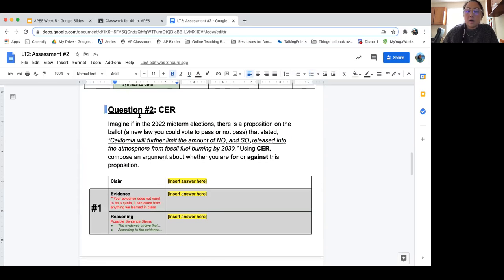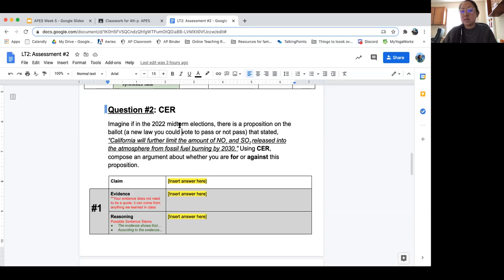Okay, question 2 is a CER. It says, imagine in the 2022 midterm elections, there's a proposition on the ballot, a new law you could vote to pass or not pass that stated California will further limit the amount of nitrous oxides and sulfur dioxide released in the atmosphere from fossil fuel burning by 2030.